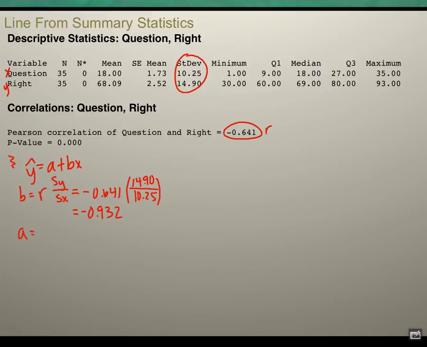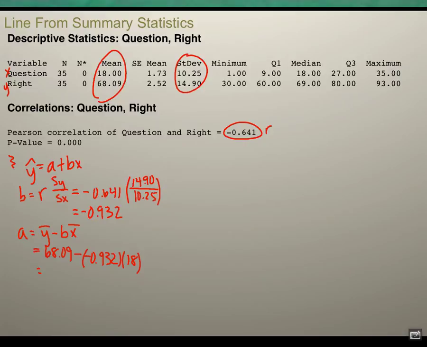You guys remember the formula for A? Something with B in it. Correct. Very close. Y bar minus B times X bar. Our Y bar is going to come from here. So 68.09 minus negative 0.932 times 18.